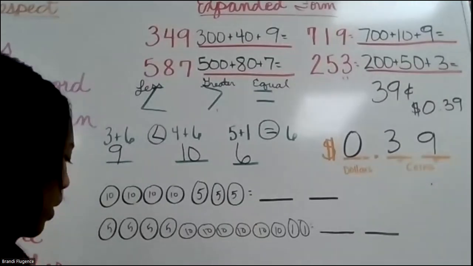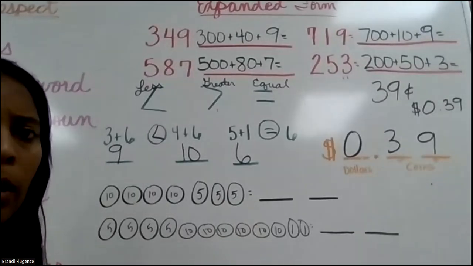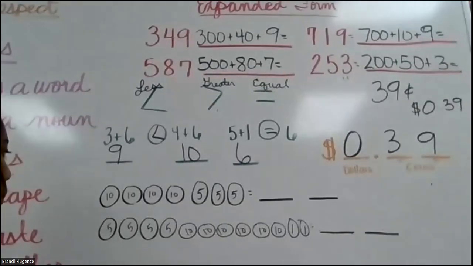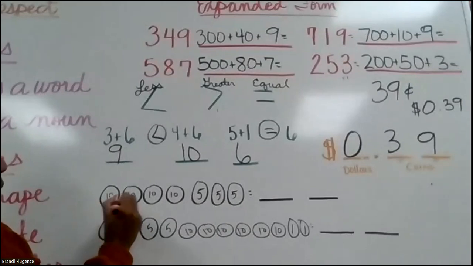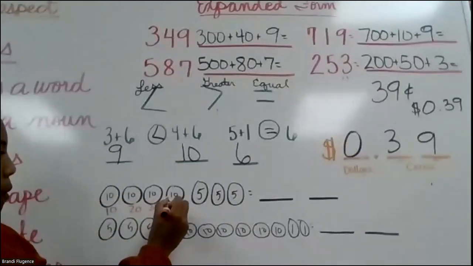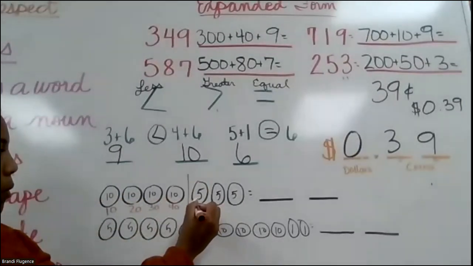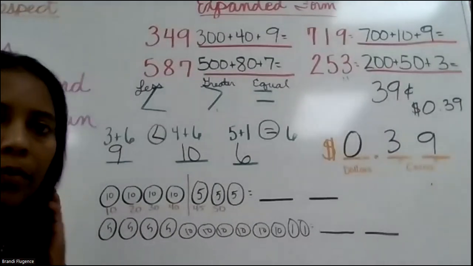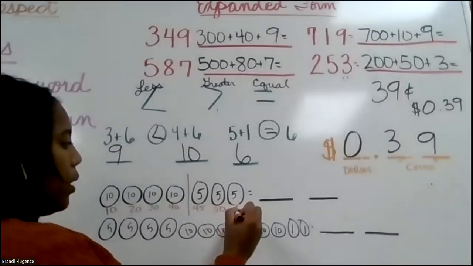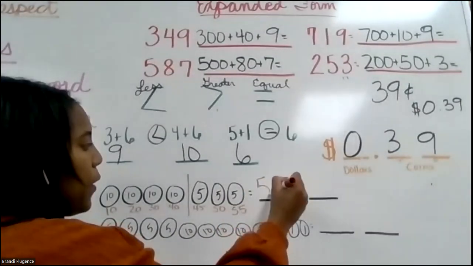Anybody want to count? Okay, Joshua, you wanted to count it? That's why you had your hand up? Okay, go ahead and count. 10, 20, 30, 40, 45, 50. Good. So this is 55 cents.